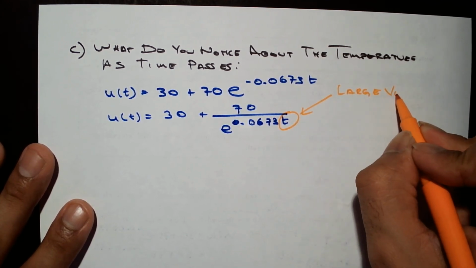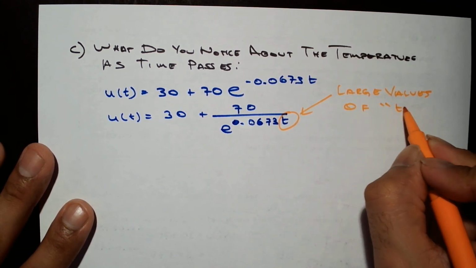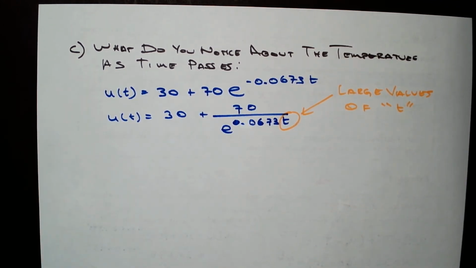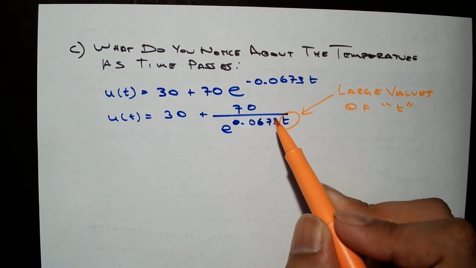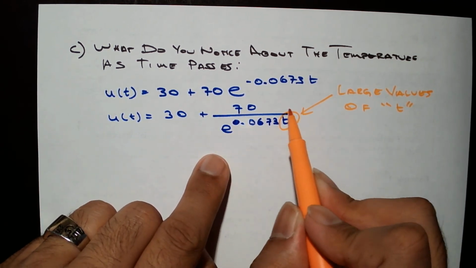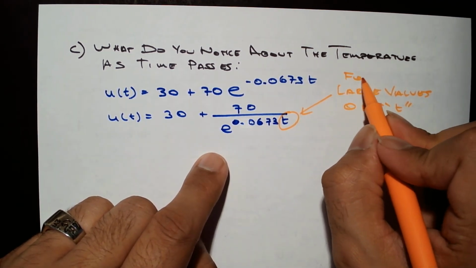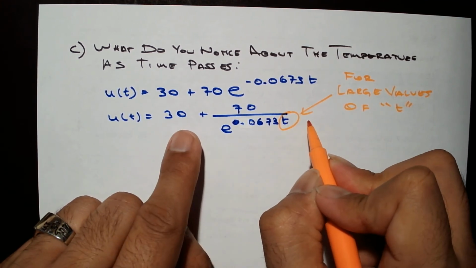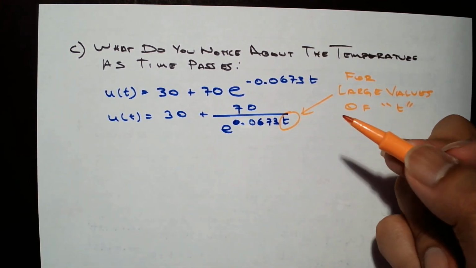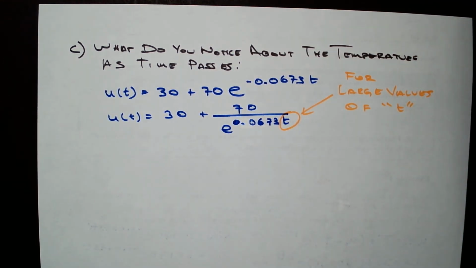Well, think about large values of t. That is, time is going to pass on, right? This t is going to be bigger. So what happens when we divide by a huge number? Maybe this exponential is going to get bigger and bigger, so the denominator gets bigger.